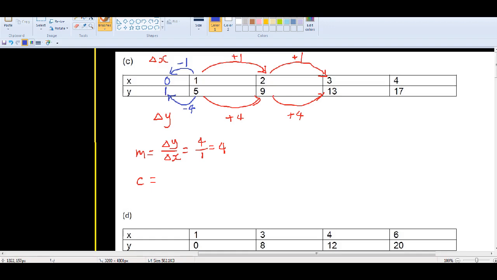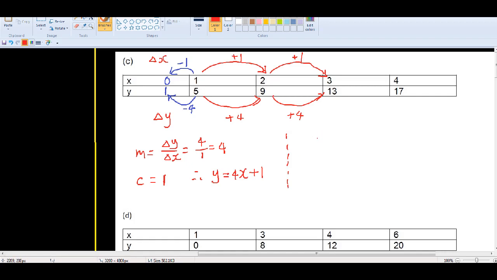So it should be 1 here. So for this pair of values, 0, 1, we will have c equals 1, because when x equals 0, y equals 1. Therefore we will have y equals 4x plus 1.